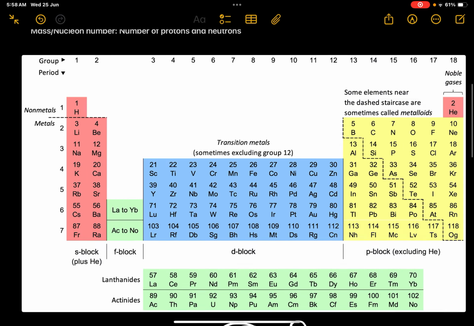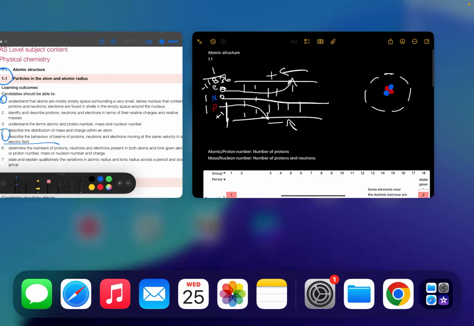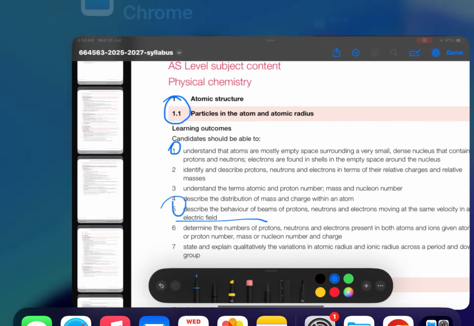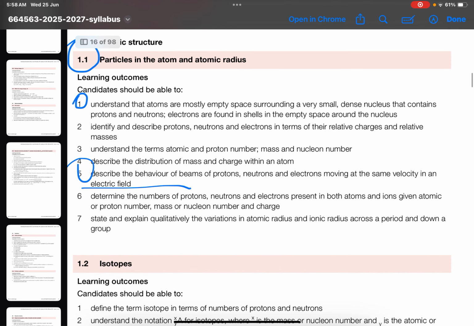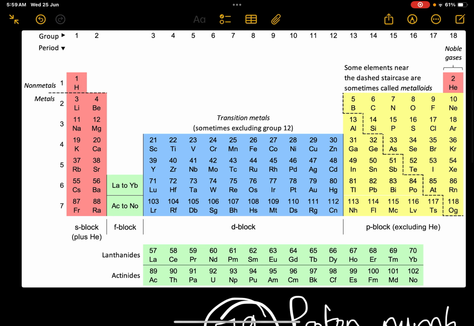Moving on, we're on the 6th point now. I keep doing this. Alright, we're going to have to talk about ions, and the 7th one is talking about atomic radius and ionic radius. So let's get to point number 7 first.